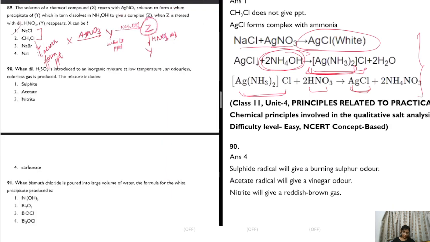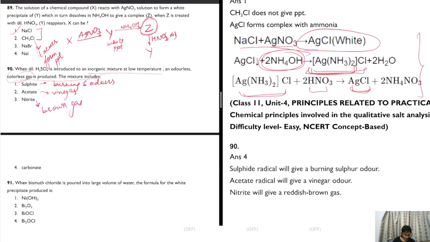When diluted H2SO4 is introduced to an inorganic mixture at low temperature, odorless, colorless gases form. The mixture includes: sulfide, which has a burning sulfur odor. Acetate has a vinegar smell, and nitrite gives a brown gas, reddish brown gas, right?